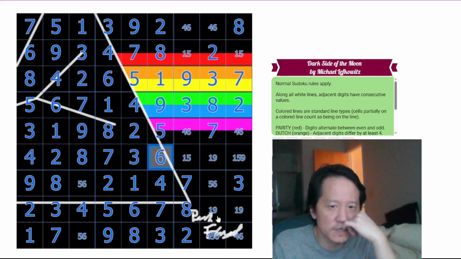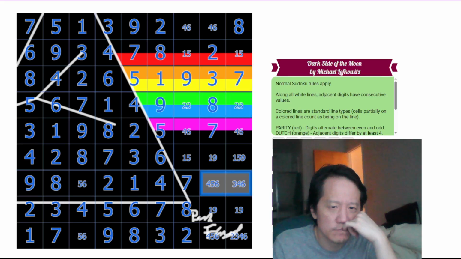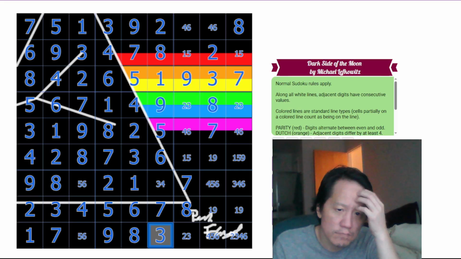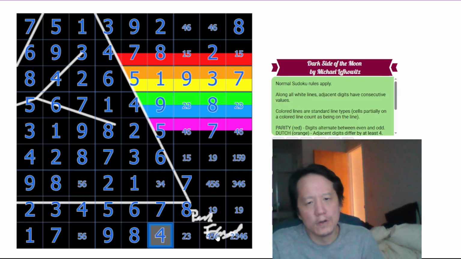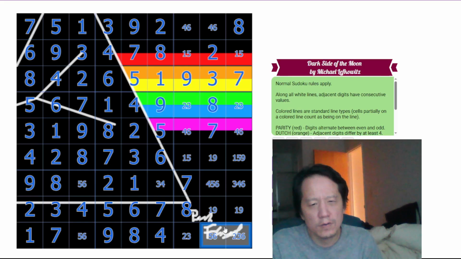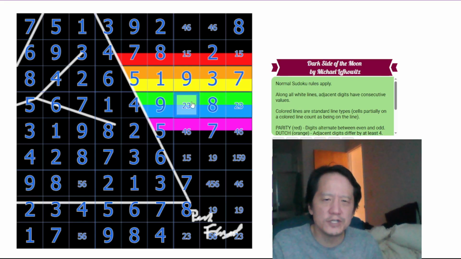This seems like it has a lot of valid answers, potentially. That would be 3. So this would be 2 or 3, 2 or 3. Yeah, and there's no differentiation between these.